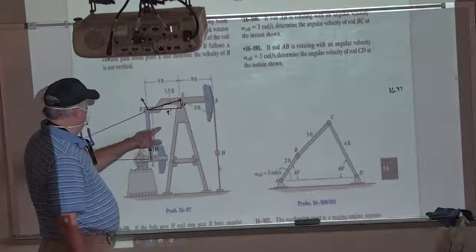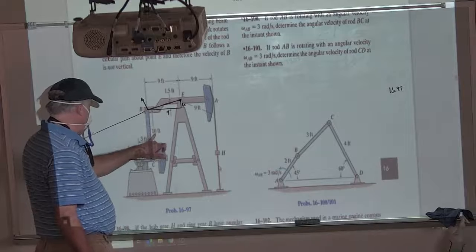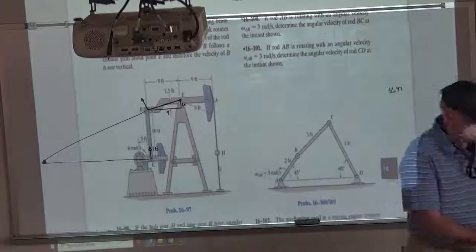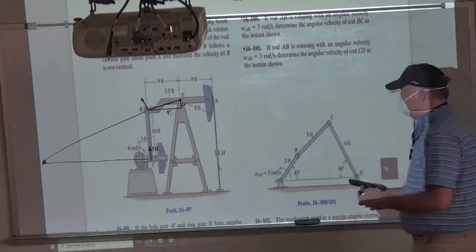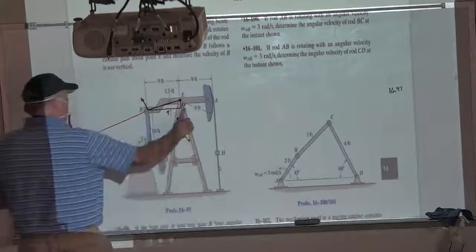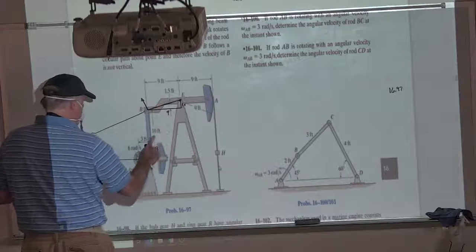1.5 and 9. Okay, 10 divided by, hang on. In other words, what number do I have to multiply times that to get 10?